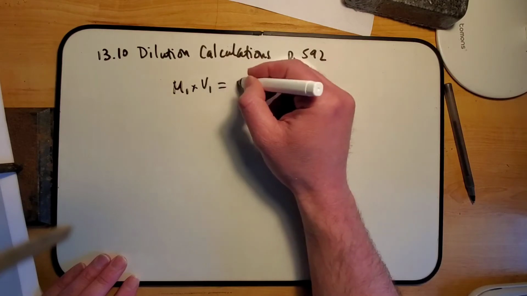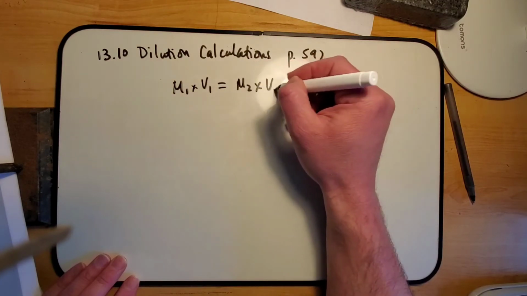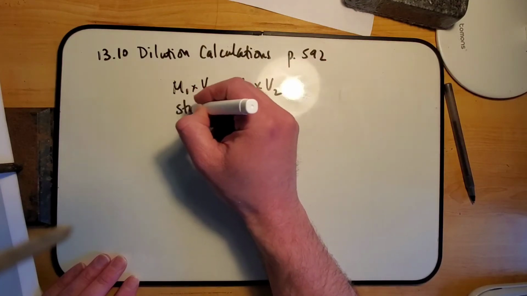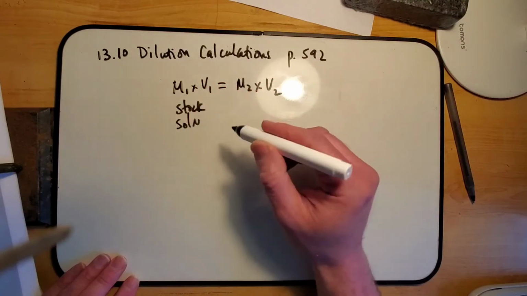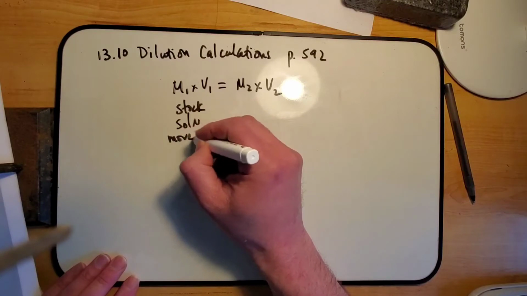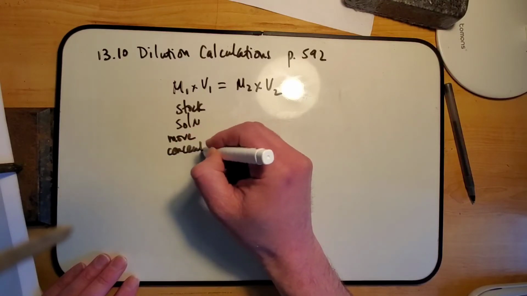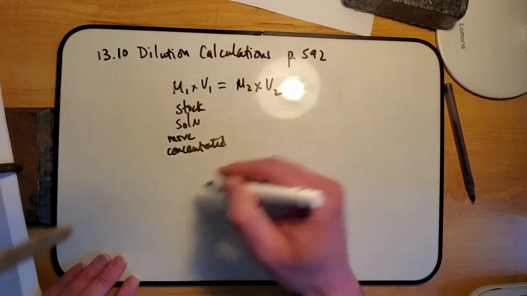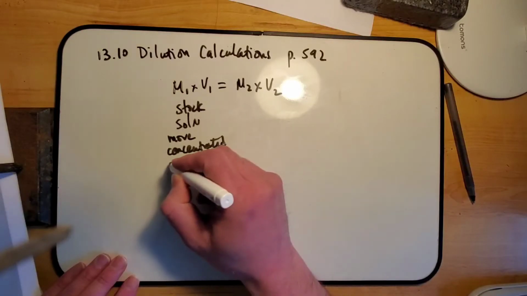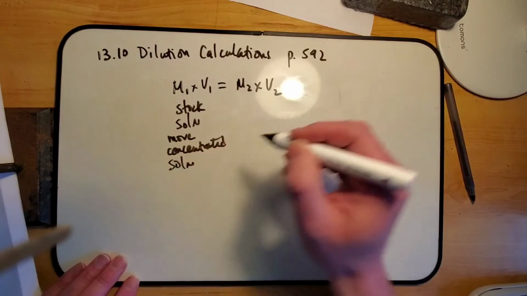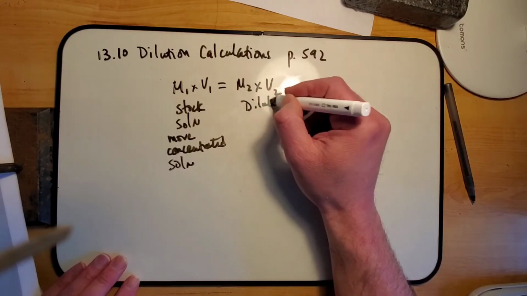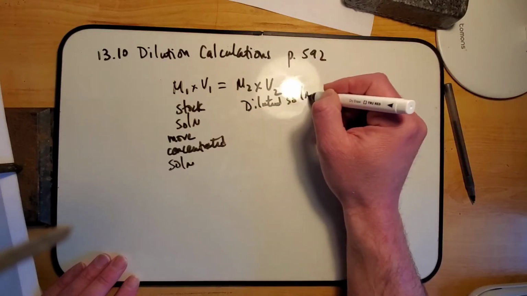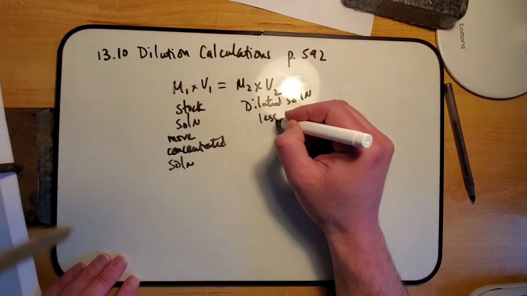M1 V1 is equal to M2 times V2, and usually you put the stock solution as the initial solution, and the stock solution is the more concentrated solution. In our case, it has higher molarity, a more concentrated solution. And the diluted solution is now less concentrated.